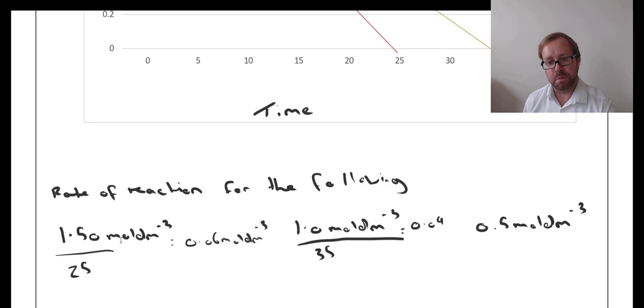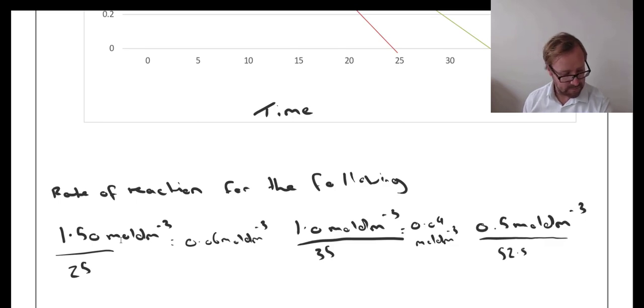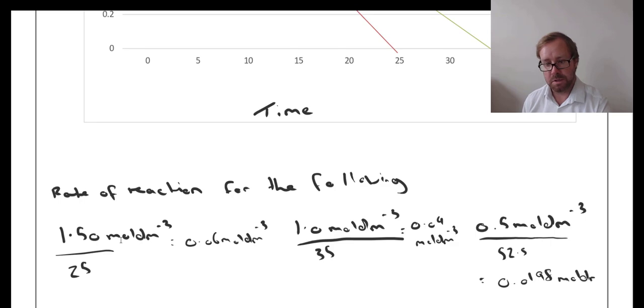Which equals 0.04 mole dm^-3. And at 0.5, which isn't very accurate at all, it should equal 52.5 seconds, which gives me a value of 0.0198 mole dm^-3. Oops, it's rate, s^-1. So these are my rates.